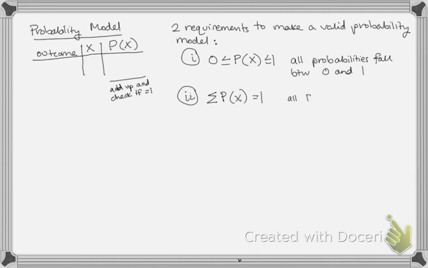All P of X sum to 1, right? So they add up to 1. So if we create a probability model and these two facts are true, then we will have made a valid probability model, okay?